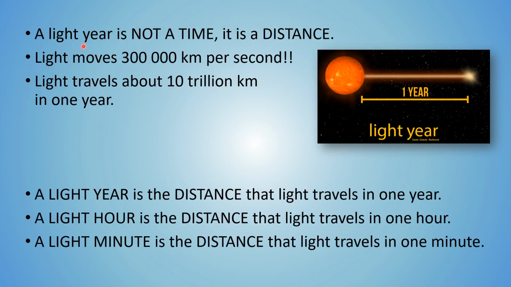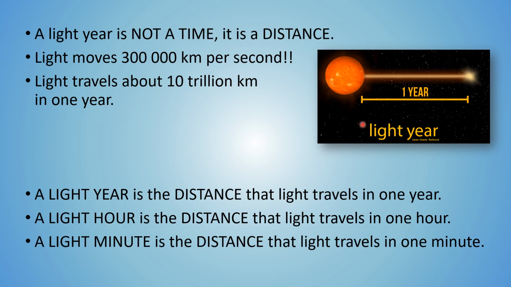It's very important. It sounds like a light year is a time, but it's not. It's a distance. It is the distance that light can move in a year. And you already know that light moves really, really fast. It moves at 300,000 kilometers per second. So that means that light can travel about 10 trillion kilometers in a year.